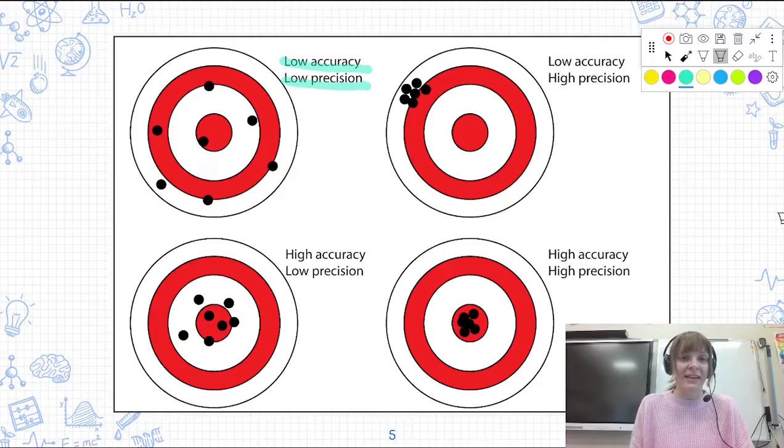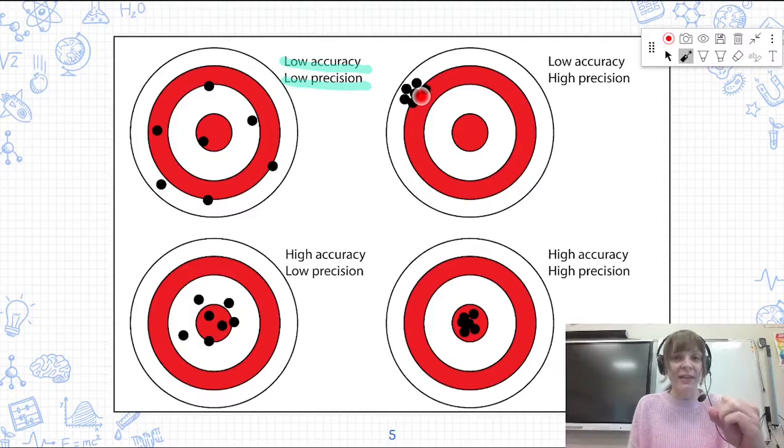It's not condensed, it's not on target. In this example here, we have very high precision. You can see that all of the points are very closely bunched up together. However, they are not on target. They're not towards the center. So we have a low accuracy in this case.